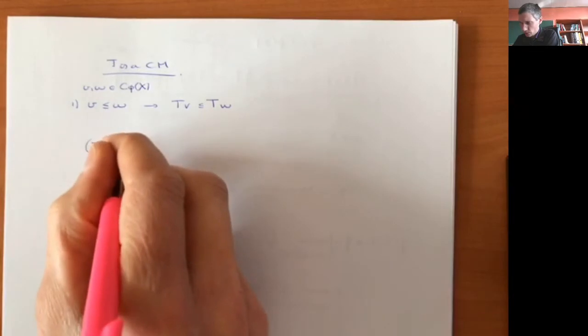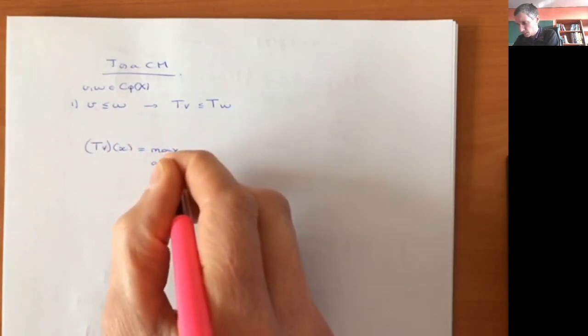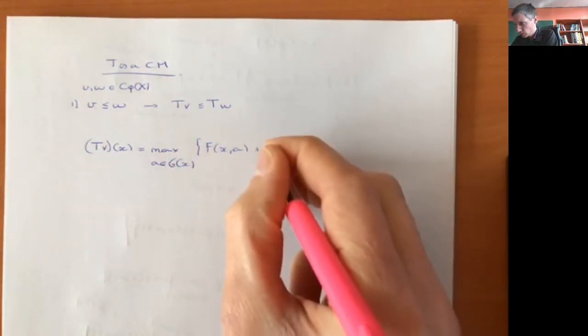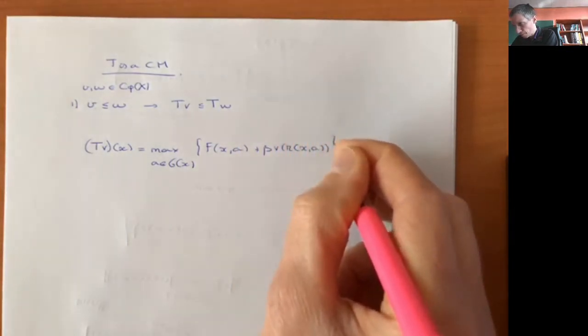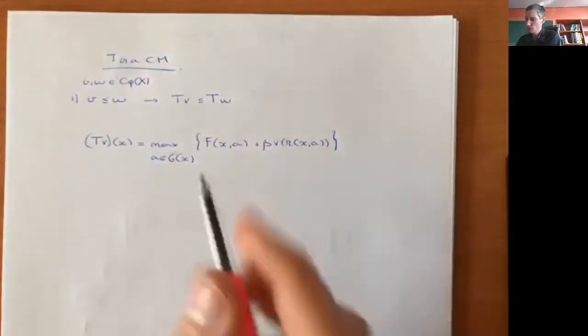So what's TV of x? Well, that's the maximum of f x a plus beta v r x a. And I know that v is element-wise lower or equal to w.